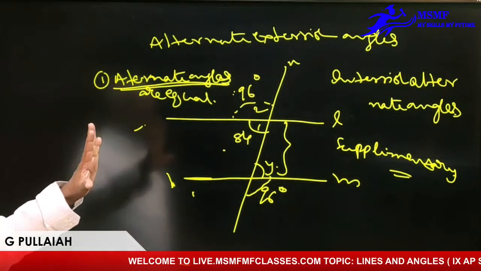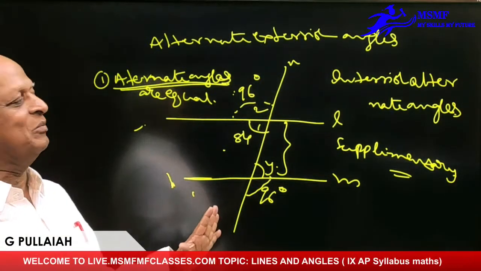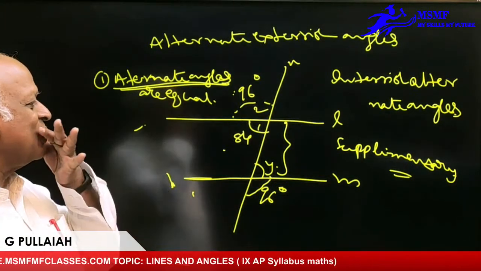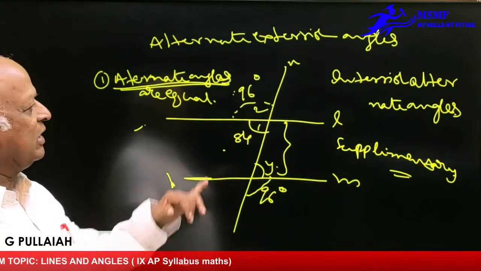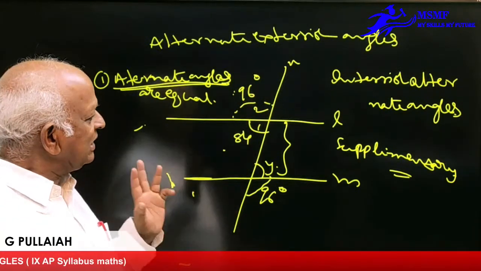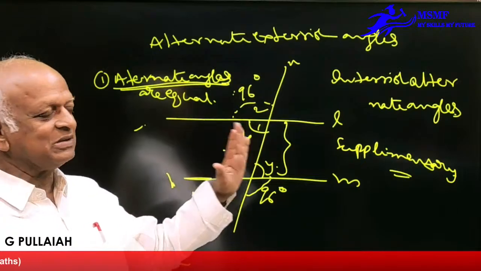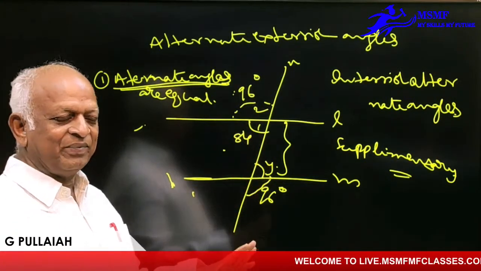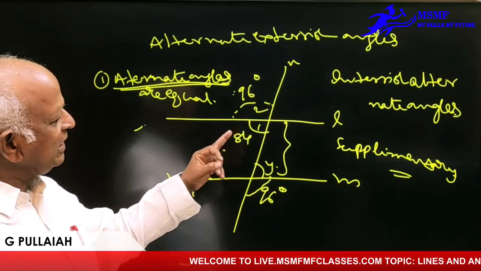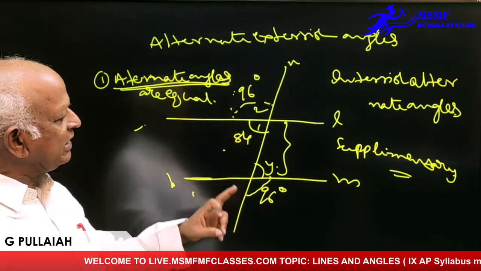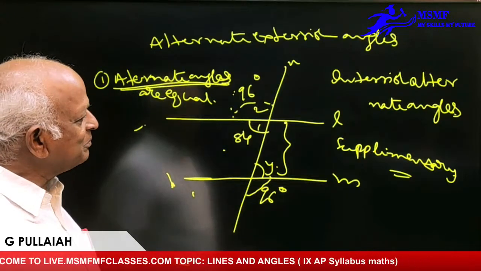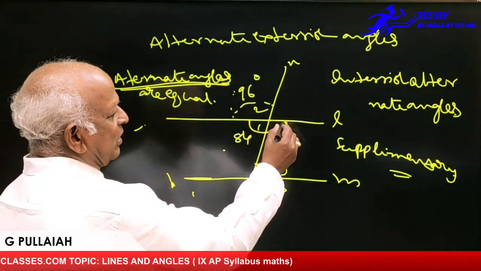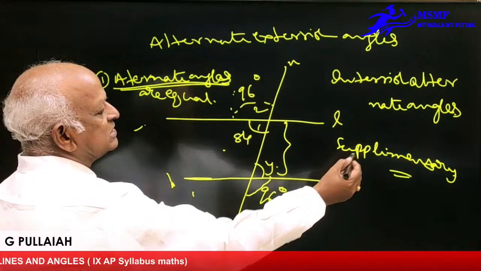Think very carefully. What did this diagram say? The first point: what do you mean by transversal? And what are the angles on the same side of the transversal? What are the interior angles and what are the exterior angles? Similarly, alternate interior angles and alternate exterior angles. The other important point: the co-interior angles are supplementary.